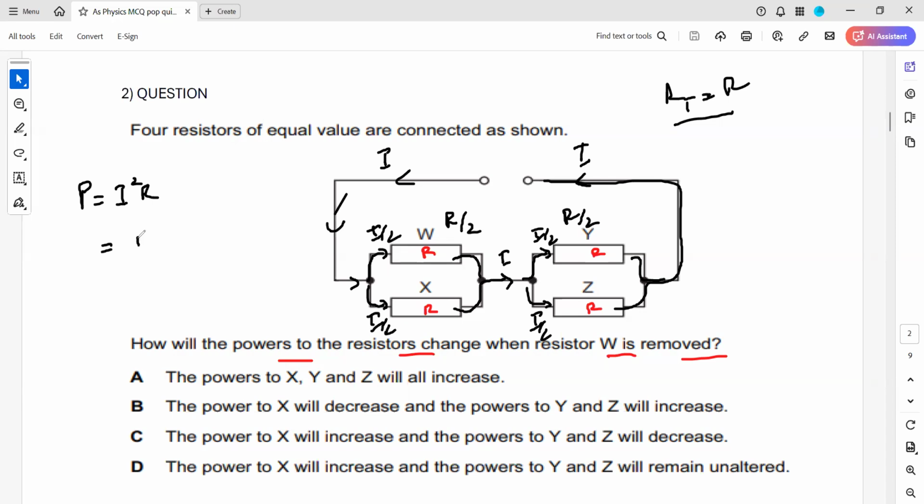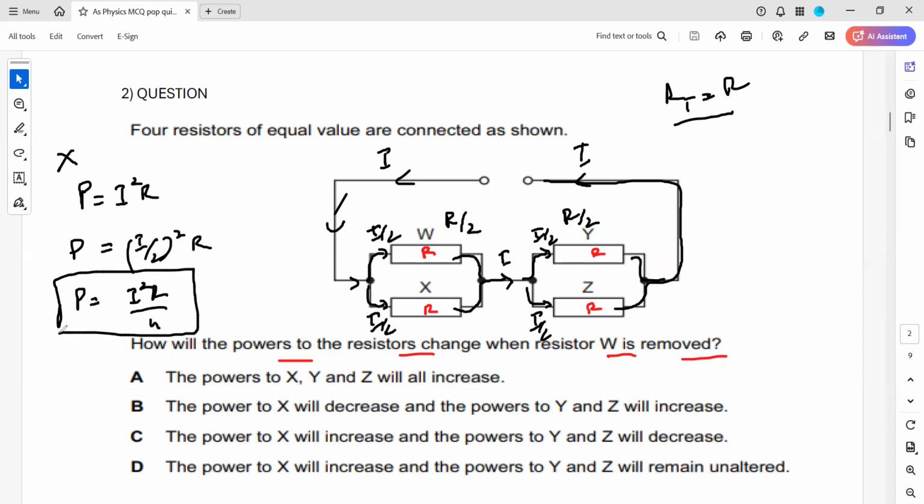The current here is I by 2, so this will be I by 2 squared, and the resistance here is R, if I'm finding it for X. So what will be the answer here? This will become I square R divided by 4. So that is the power of X.